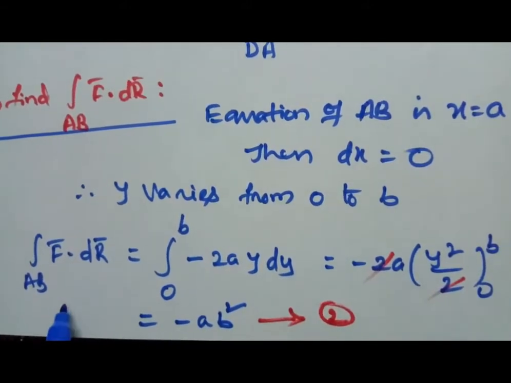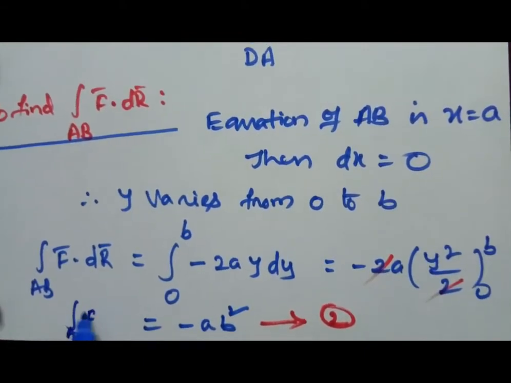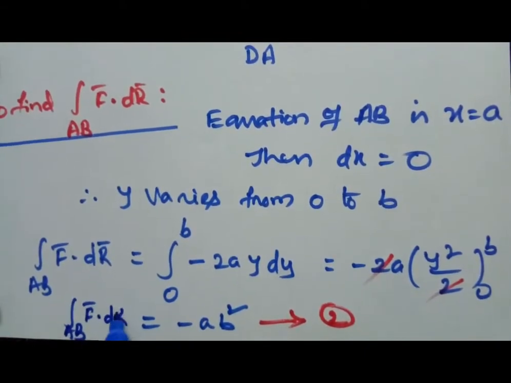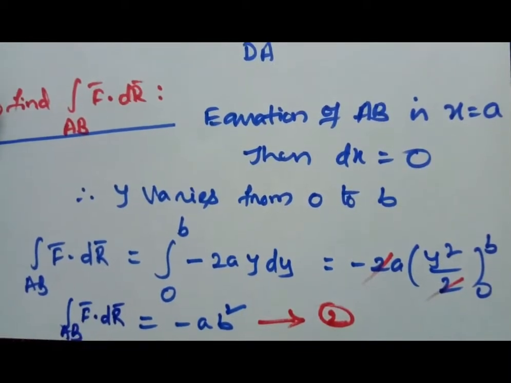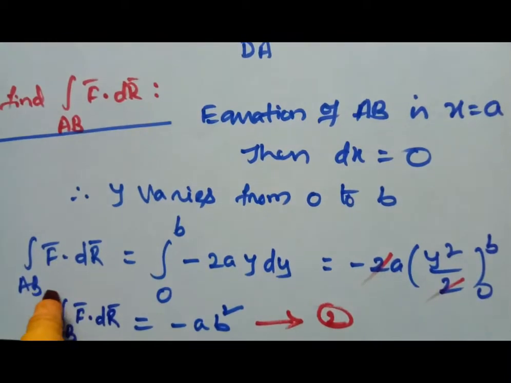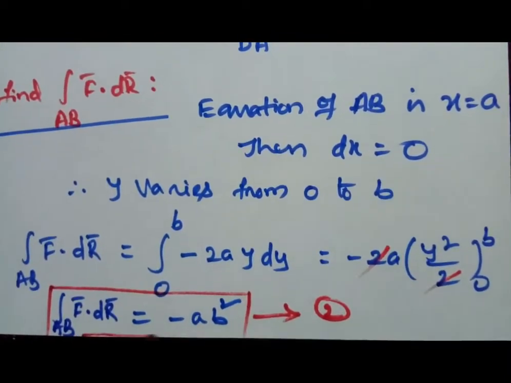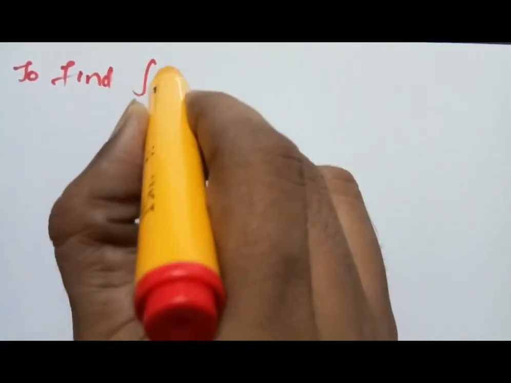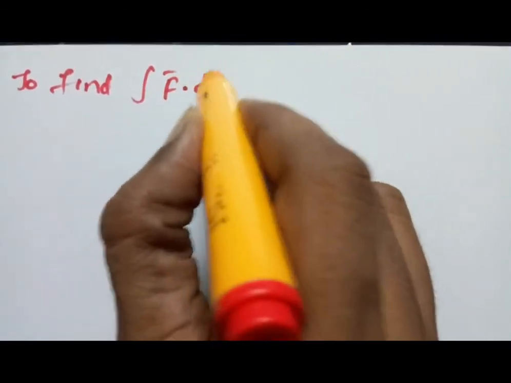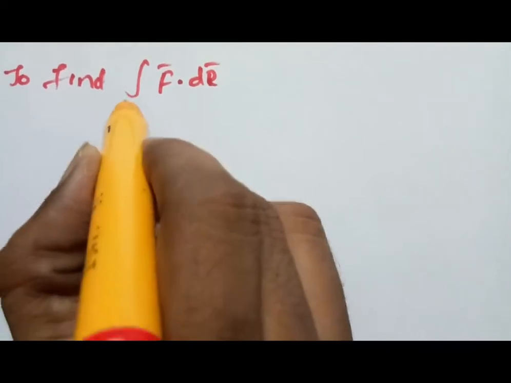This is integral over AB of f bar dot dr bar equal to minus ab square. To find integration of f bar dot dr bar along BC.